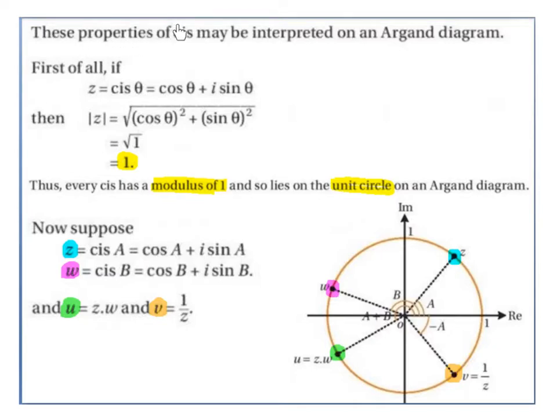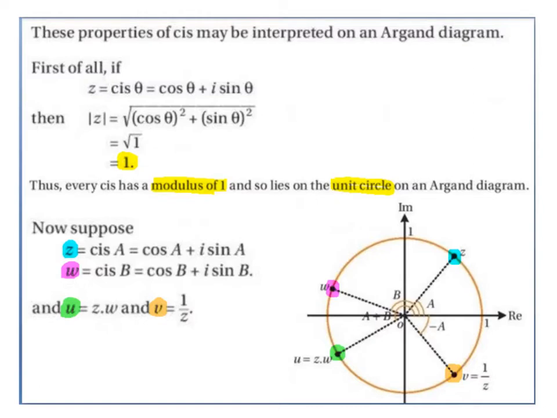These properties of cis may be interpreted on the Argand diagram. First of all, if z is equal to cis theta, which is equal to cos theta plus i sin theta, then the modulus of z is equal to the square root of cos squared theta plus sin squared theta. And cos squared A plus sin squared A gives us 1, so cos squared theta plus sin squared theta also gives us 1.